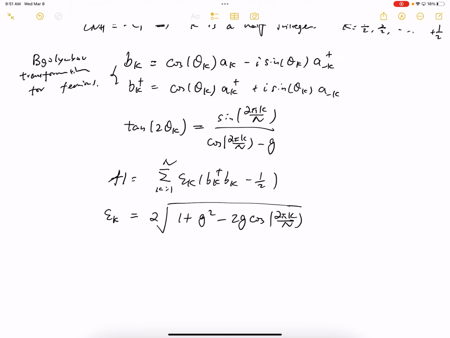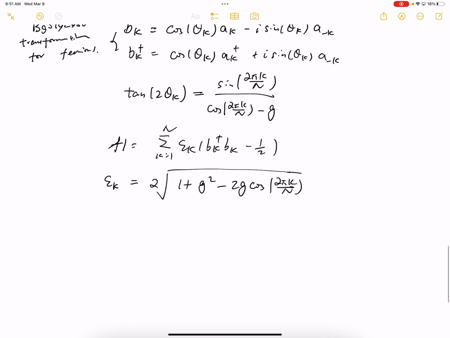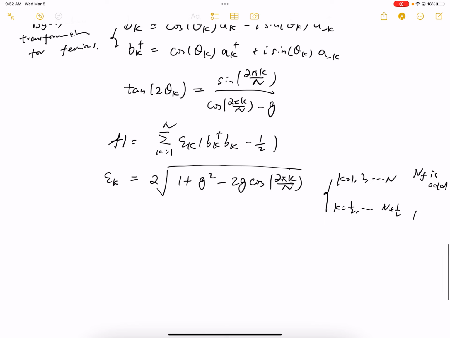Again, I'm not going to bore you with the actual derivation of how we get to this. It's purely algebraic, and you can trust me, these results are correct. Again, we have these cases: k is either integer or half integer, depending on the total number of fermions, let's call it n fermions, being odd or even.